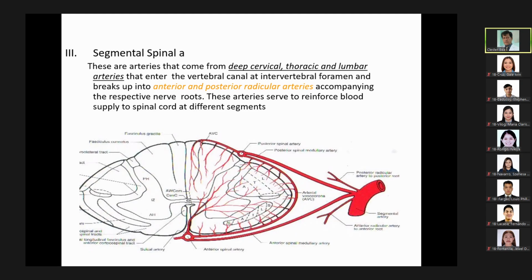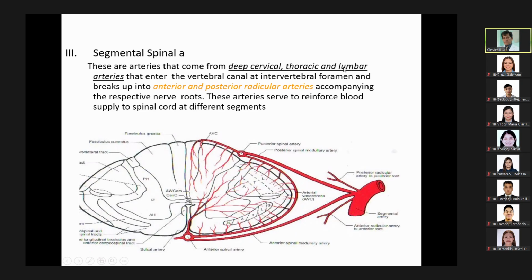The segmental arteries take their origin from arteries outside the vertebral column. For example, you have segmental arteries that come from your cervical arteries, from the thoracic, meaning the intercostal arteries, and from the lumbar arteries.